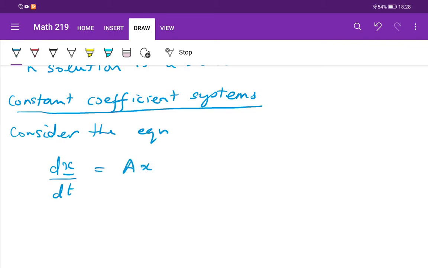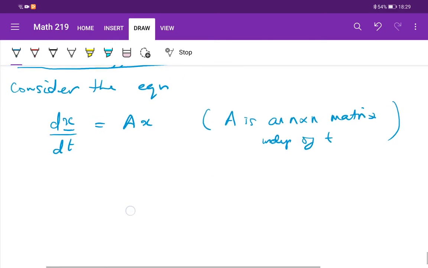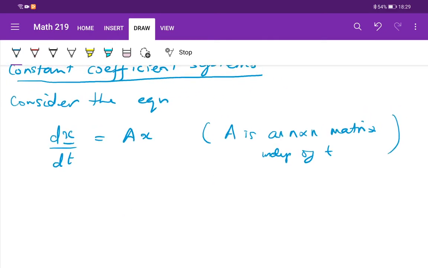Here A is independent of t, so A is a constant n by n matrix. Basically, the general theory tells us that if we find n linearly independent solutions, then this will be a basis for the space of solutions.